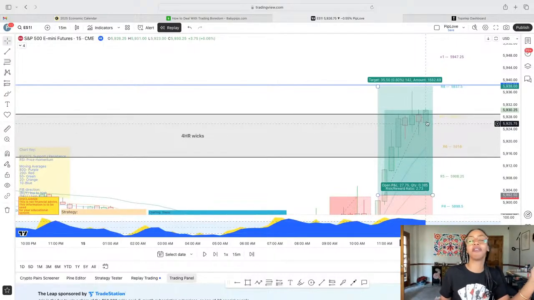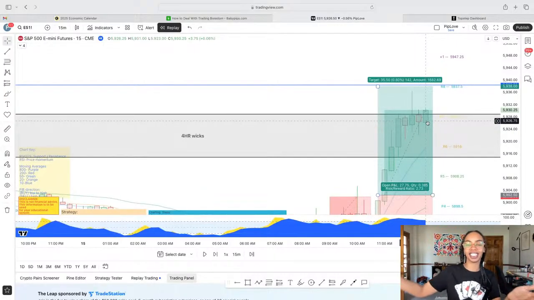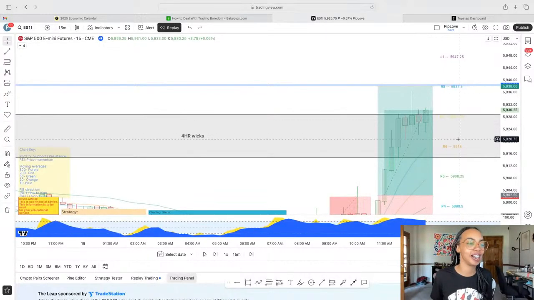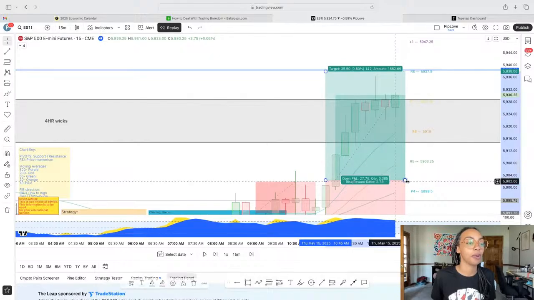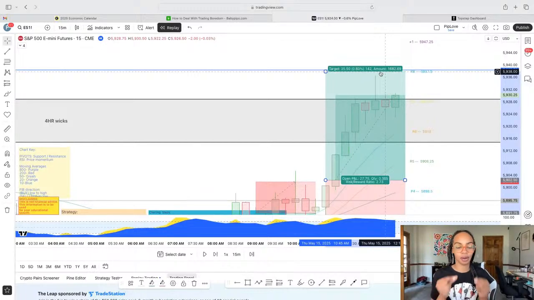And then it would have went back in my direction. Happens all the time when you just want to be precise. I wanted to be so right. And it hit my exact target point, because I just wanted to be out of the market. I just wanted to be done. I didn't want to get into another trade, even though it was just for 100 points.